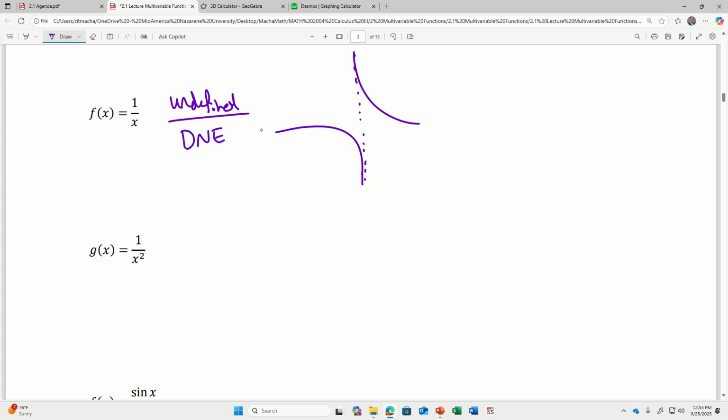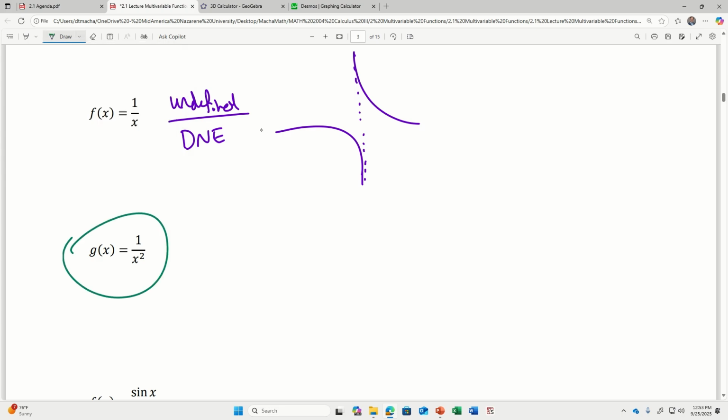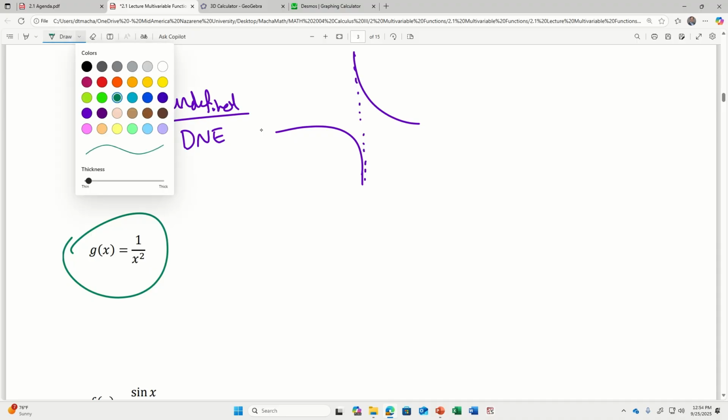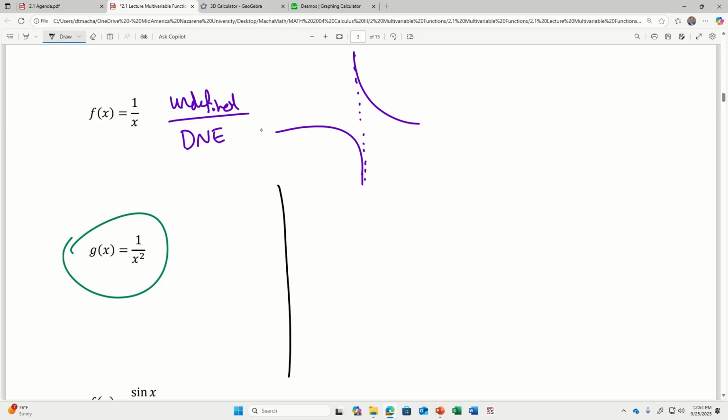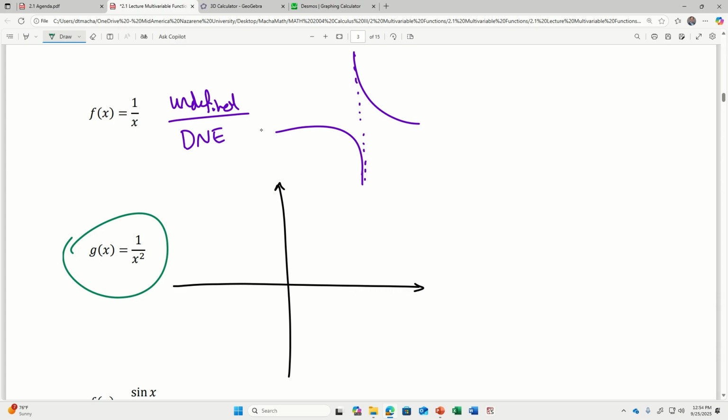Now what about 1 over x squared? What's the limit as x approaches 0? It does exist. Because x squared is always positive, right?